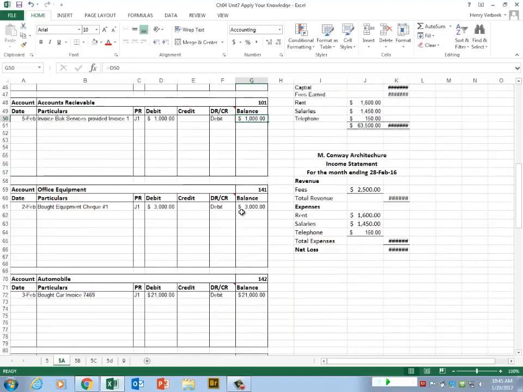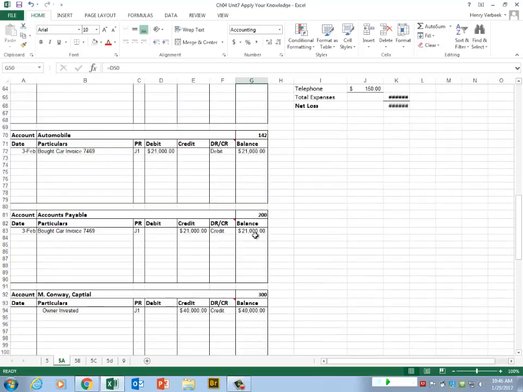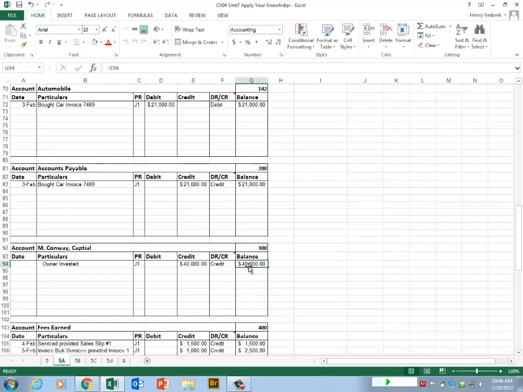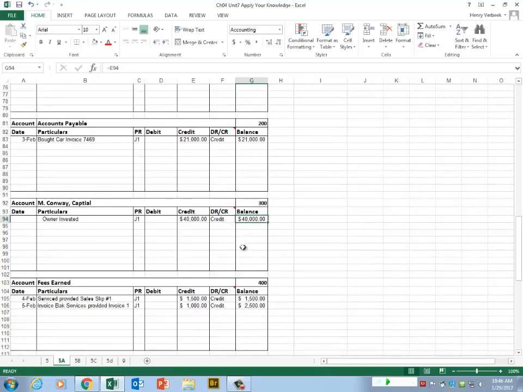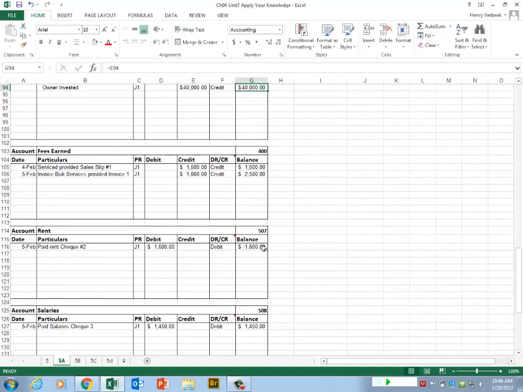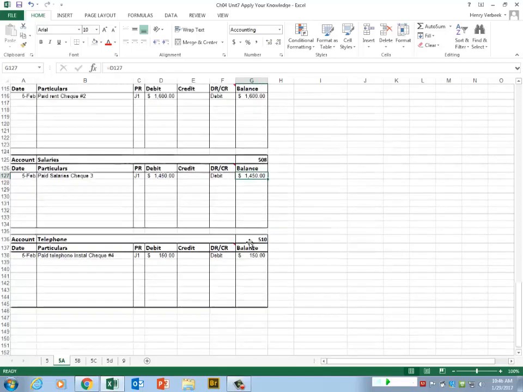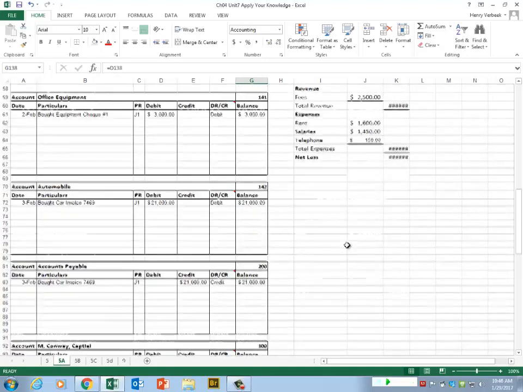Office equipment, 3,000 in a debit. Automobile, 21,000 in a debit. Accounts payable, 21,000 credit. M. Conway Capital, 40,000 in a credit. Fees earned, 2,500. Rent, 1,600 in a debit. Salaries, 1,450 in a debit. And telephone, 150.